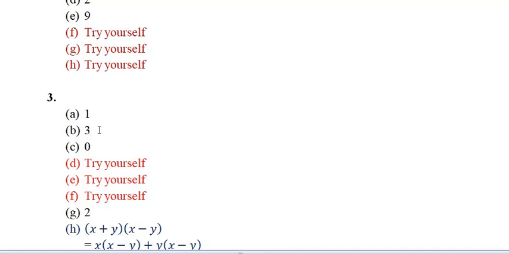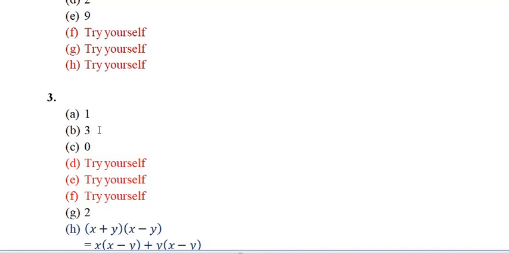You will have a look at the concentration of the variables. You can see that in 2xy square there are two variables together, x and y, isn't it? But in the 1 by 3 there is only y, and in 3 there is only z. So you will find out in which term there are the maximum number of variables together at one place.